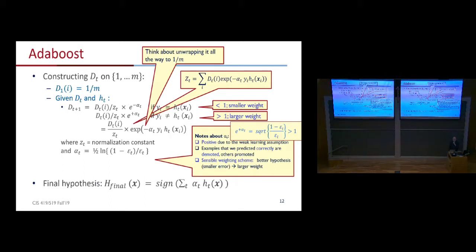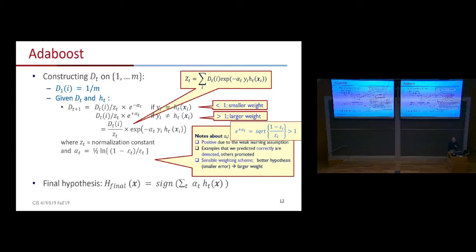Yeah? What is the summation for Zt? Is that from 1 to t or 1 to m? It's i, the index into the examples. So it's over m examples. Now, the summation is over i here, and i is the index into the example.